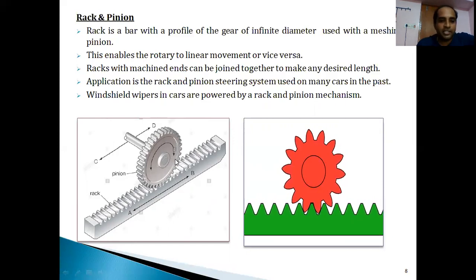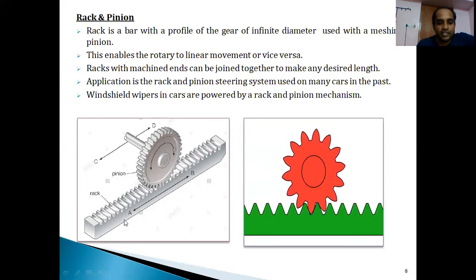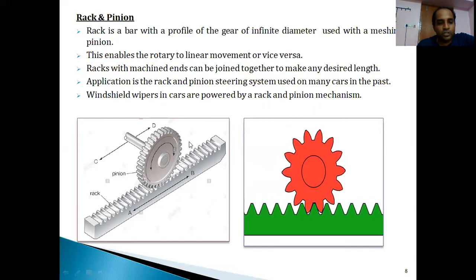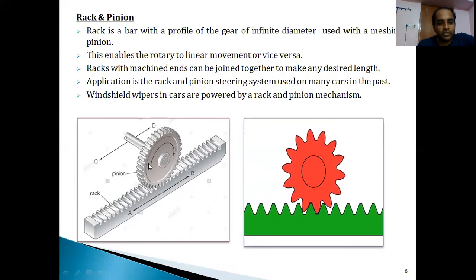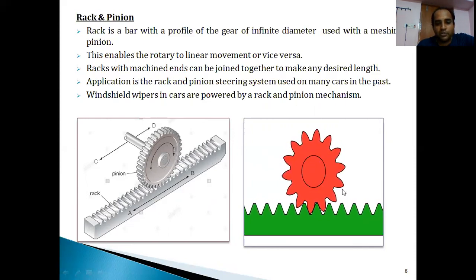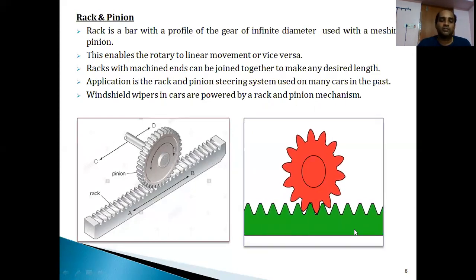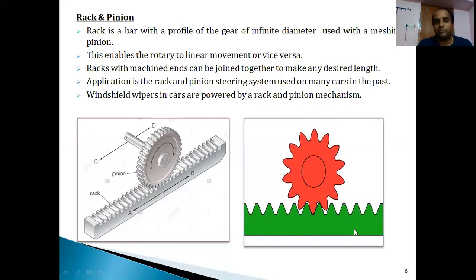So what happens here? It is responsible for converting the linear movement of the rack into rotary motion of the pinion, or the rotary motion of the pinion into the linear movement of the rack, which means converting motion from one type to the other.